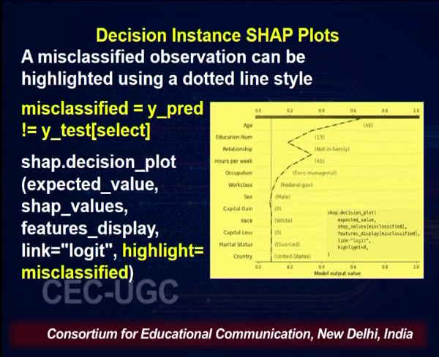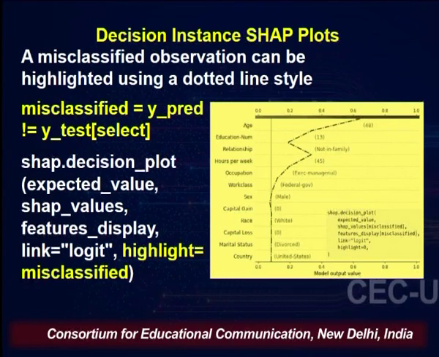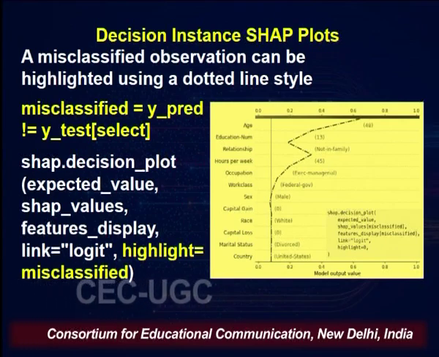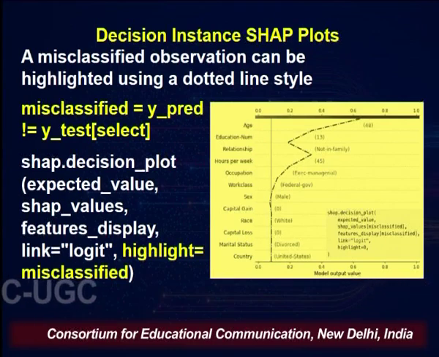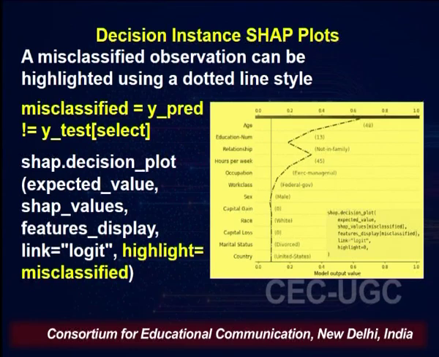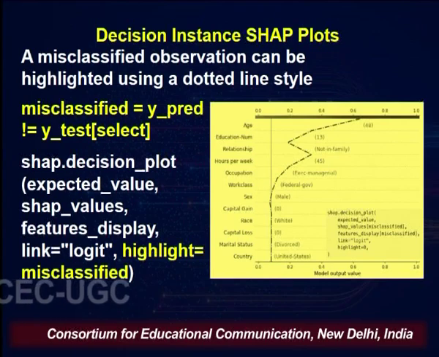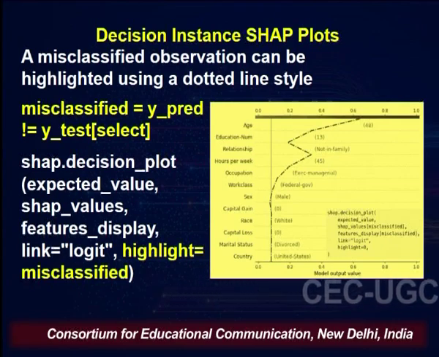First we can find out which line was misclassified, and how we do it is just to see that if the test set and the prediction do not match, it means that it is a misclassification, a wrong classification, and then we can highlight it in a dotted line. Then it becomes much easier for the end user to see how and why the model is misclassifying. So, is model retraining required or not? One can decide using this decision instance SHAP plot.